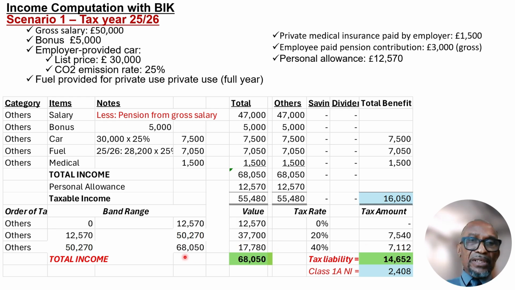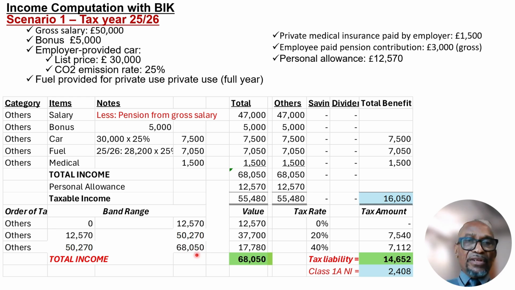Now, from the 20% band to the 40% band, but remember, this is quite below the 40% band, because the total income is not up to the band for the 40%. So that's the total income here. So bring that here straight away.